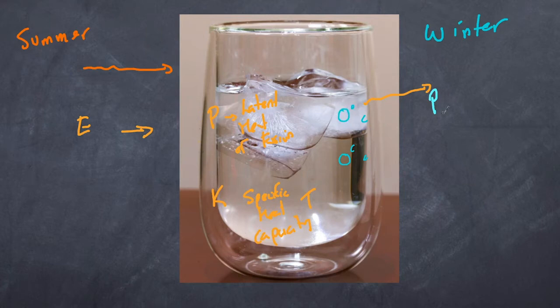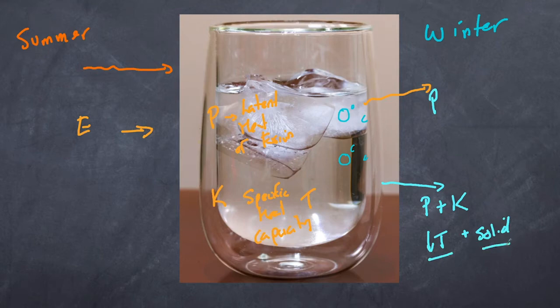But if the temperature is significantly warmer, in other words, we have no ice whatsoever, now the energy that has to be extracted is the potential energy and the kinetic energy. First, we have to drop the temperature, in other words, to get it to 0 because the water is now higher, and then we need to have it go to the solid form. In other words, we have energy required to drop the temperature, and we have energy required then to solidify the water.